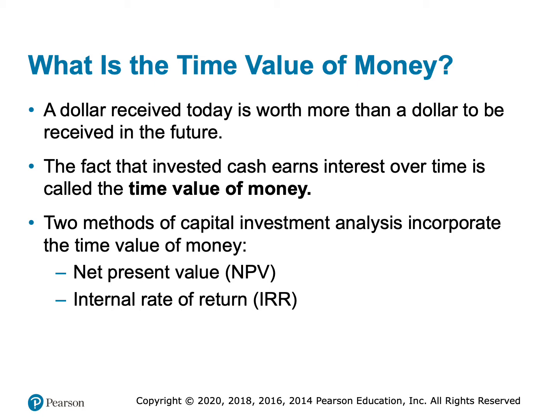Certainly the prices of some goods have come down over time, but for most goods, general price levels rise over time. I know my in-laws paid like $35,000 for their first house, and you can't buy a house for $35,000 now, right?